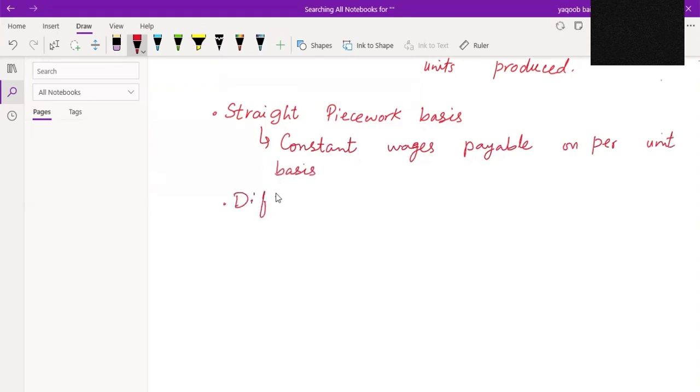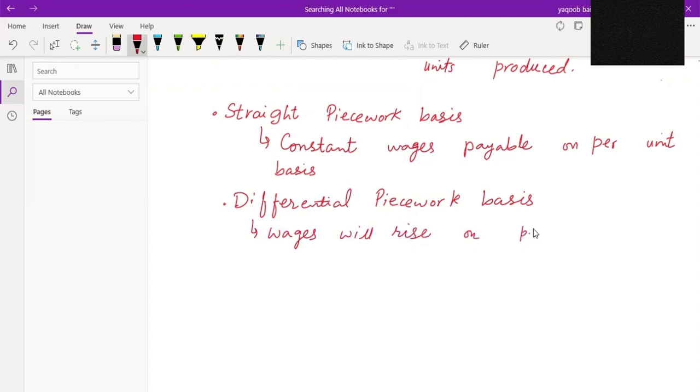Number two is differential piecework basis, which means wages will rise on per unit basis if there will be a rise in production.